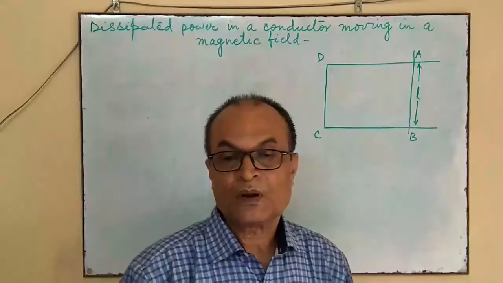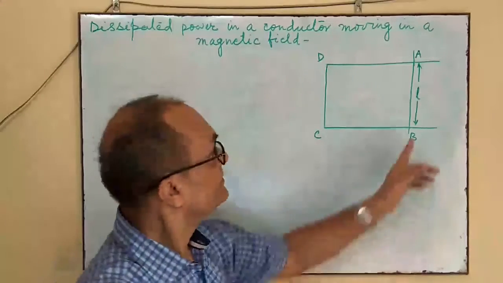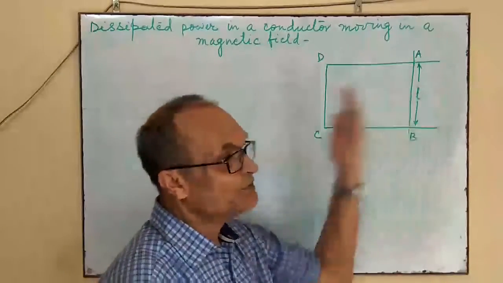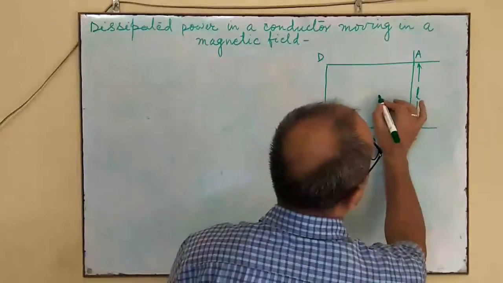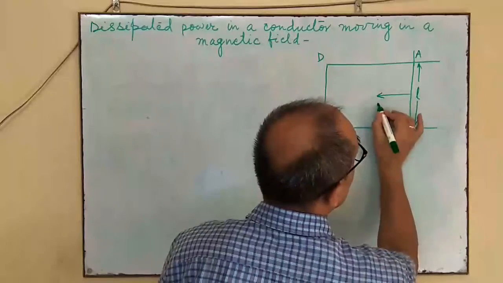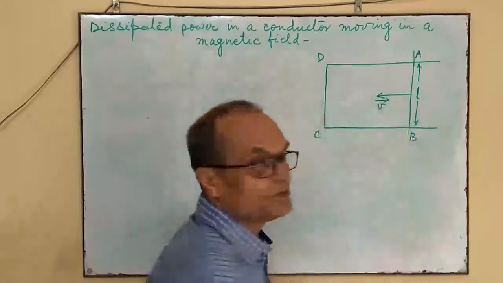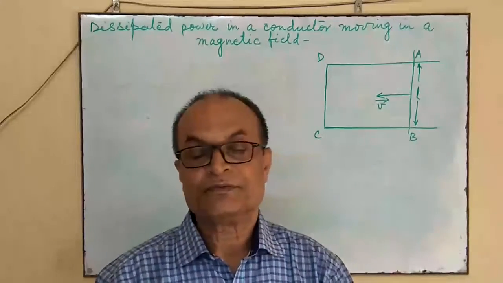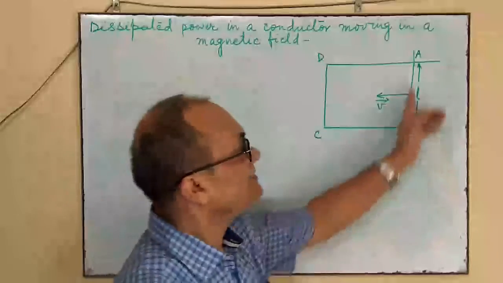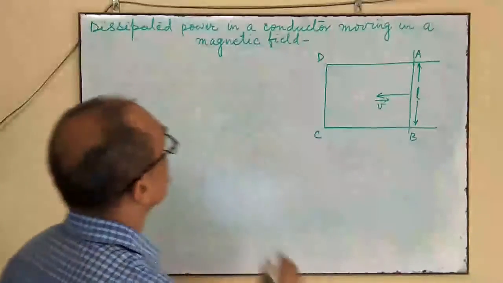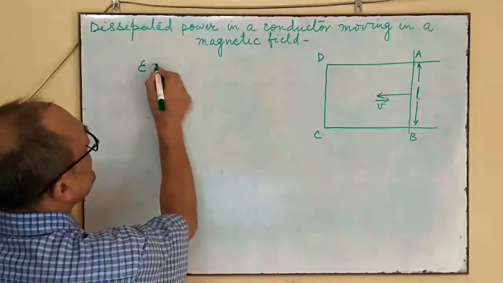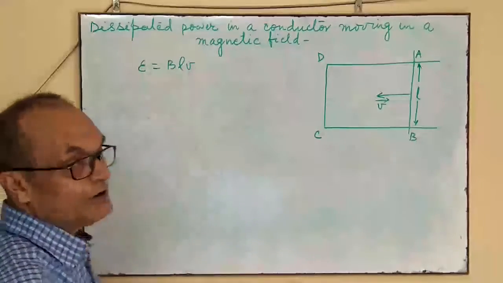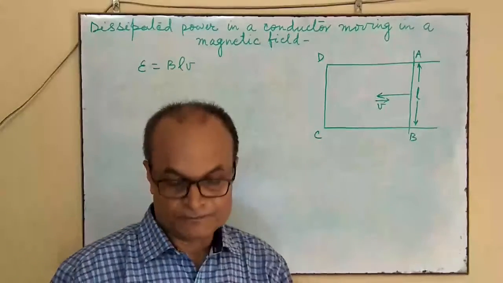This arm AB is now moved in this direction with velocity V. So the motional EMF induced in this arm AB is epsilon naught equals BLV.